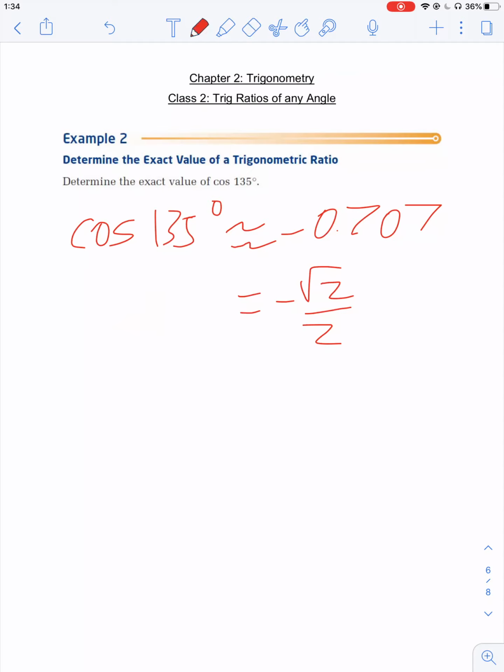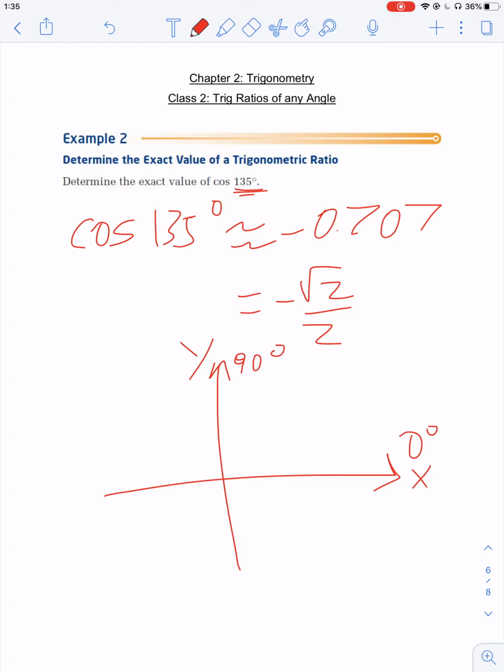The reason is, if I draw 135 degrees in a Cartesian plane, so this is x, this is y, my angle starts from here. So this is 0 degrees, this is 90, and this is 180. So 135 will be somewhere over here. Now, I said that whenever you put a point, connect it to the x-axis.